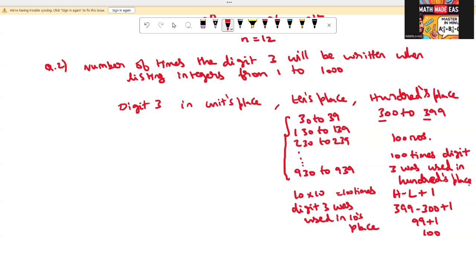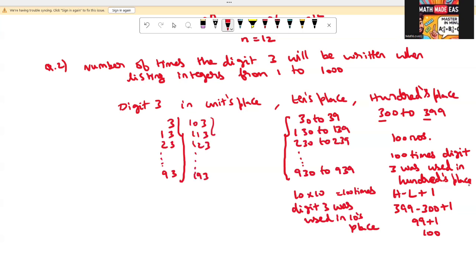Finally, digit 3 being used in ones place. So we can talk about 3, 13, 23, so on till 93. This will again come up in all the sequences of 103, 113, 123, so on till 193.